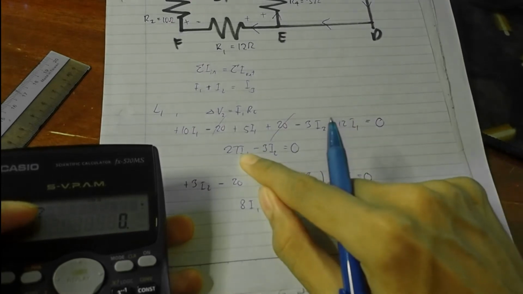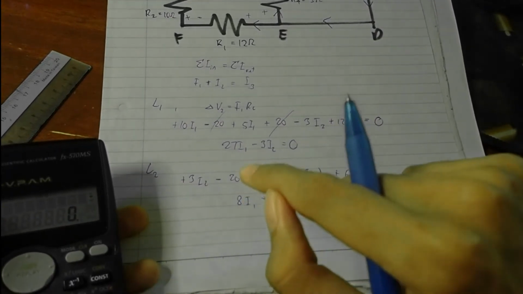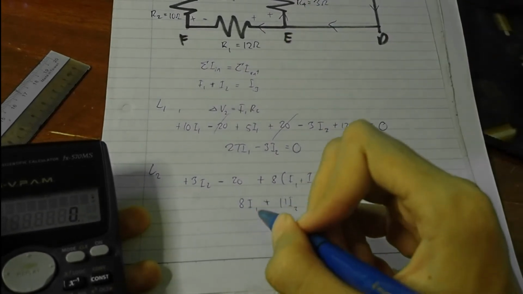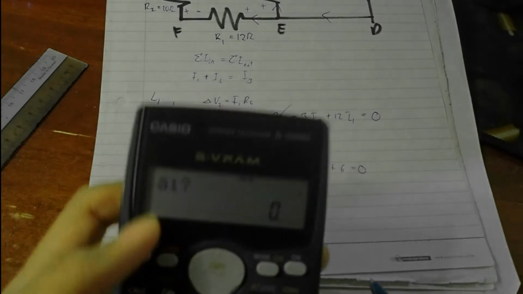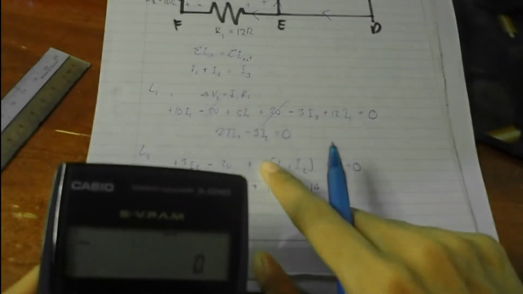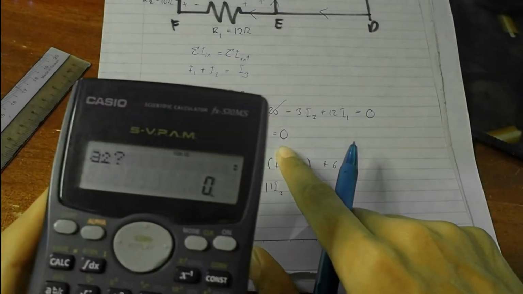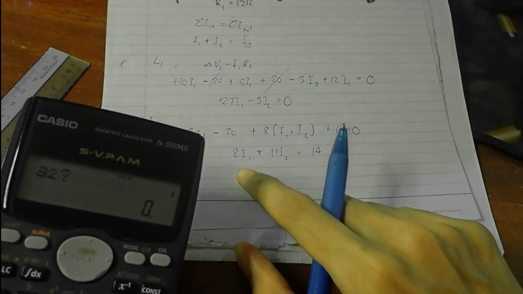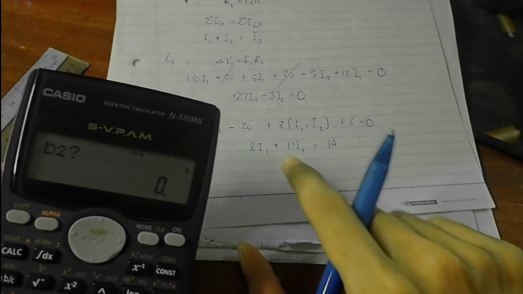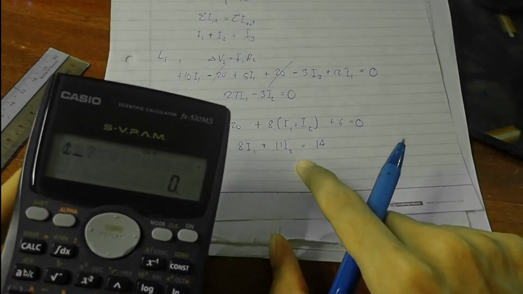So if the first part is I1, the second expression, the first part must also be I1 too. So for the first loop, A1 is 27, B1 is minus 3, and C1 is 0. For the second part, A2 is equal to 8, B2 is equal to 11, and C2 is equal to 14.